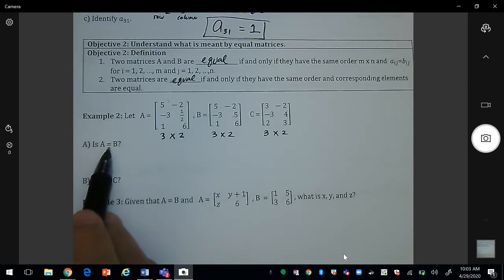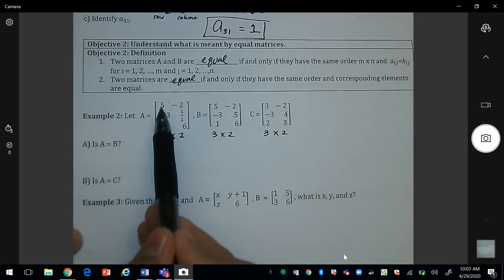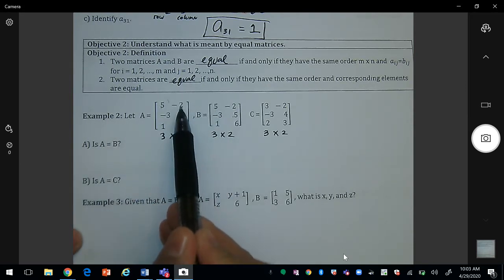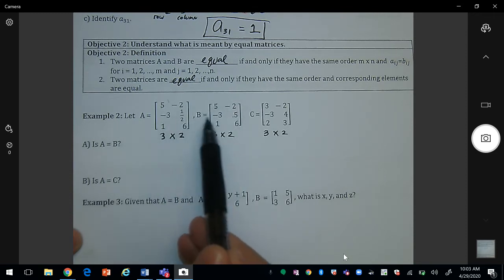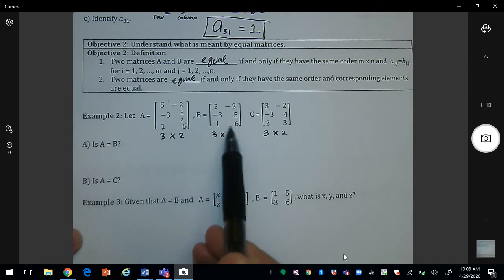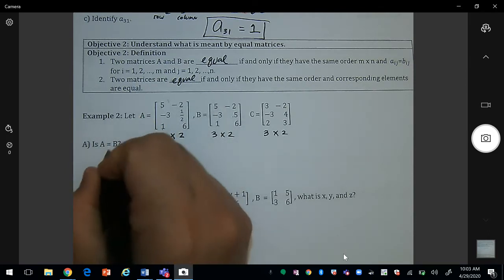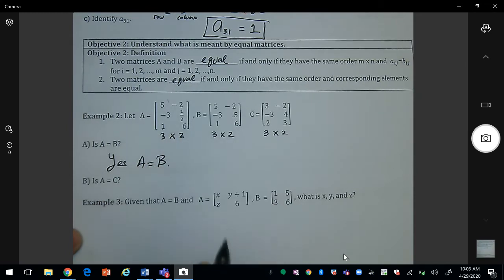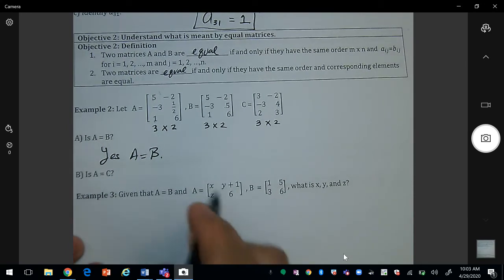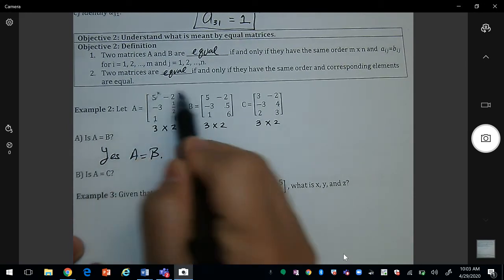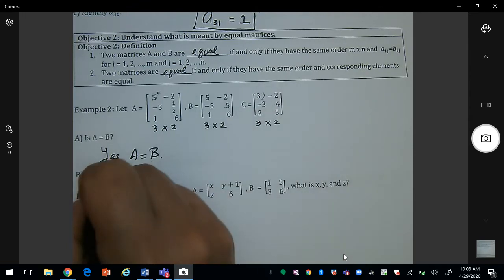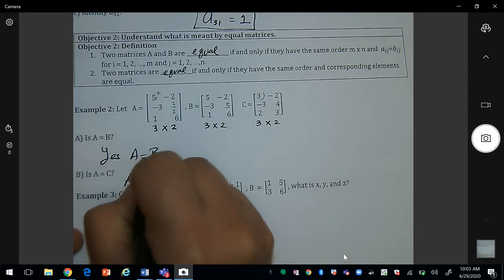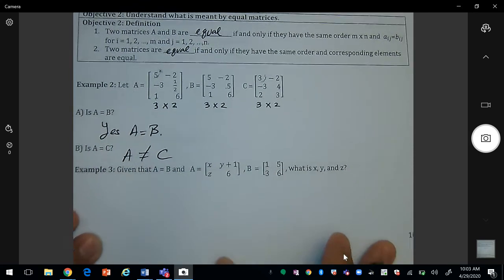So here is A equal to B. We check 5 is equal to 5, -2 is -2, -3 is -3, half is 0.5, 1 is 1, and 6 is 6. All the corresponding entries are the same, so yes, A is equal to B. Let's look at A and C. Here we have a 5, but C has a 3. Since they're not the same, we say A is not equal to C.